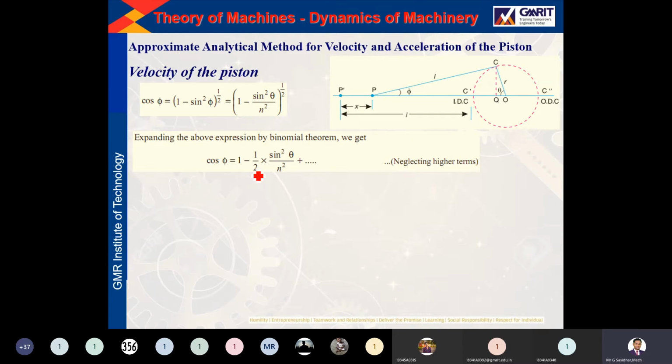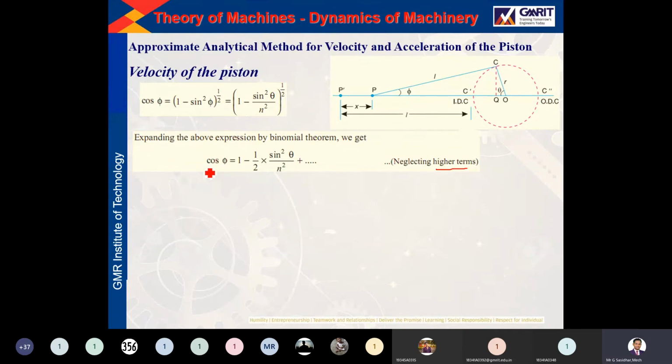Like that we have a big equation, the binomial theorem expression. From that I will take this binomial expression for cos phi and neglect the higher terms, means power 4, power 6, power 8. Whenever theta is small, if you square that value, you will get a very, very small value. So neglect those terms, no problem.